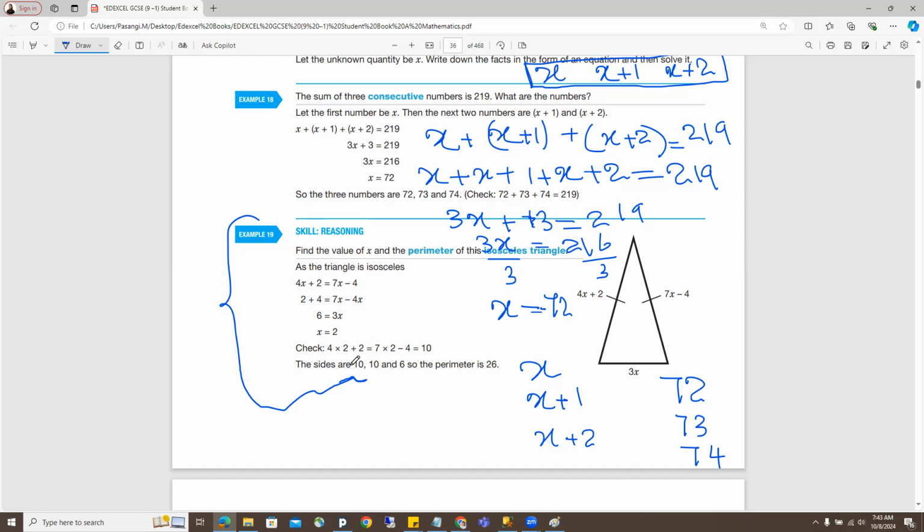How are you going to simplify this one? First, you need to write the expression. How do you write the expression?